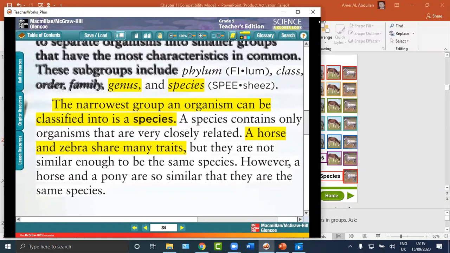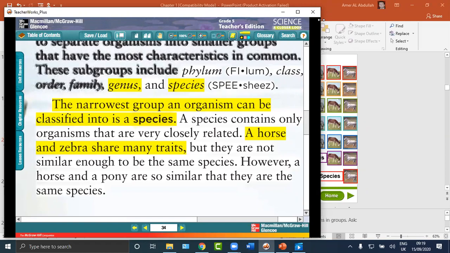A horse and zebra share many traits, but they are not similar enough to be the same species. However, a horse and a pony are so similar that they are the same species. Okay, thank you. Here we can say scientists may have made decisions based on what they could see.